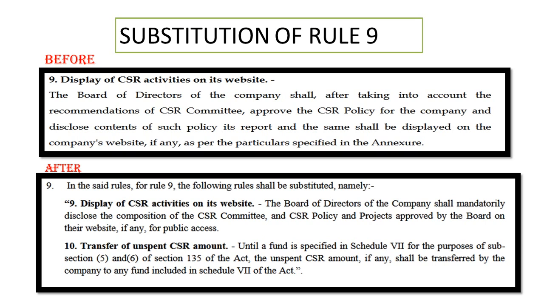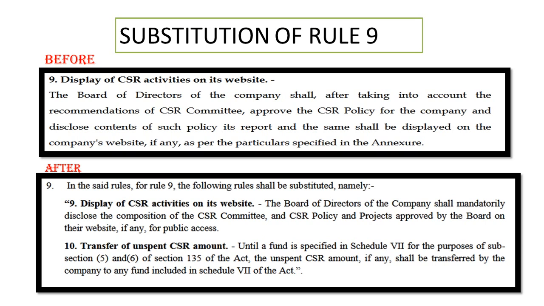Now, if you are carrying it out, the public should also know what CSR activities you are carrying out, and the word mandatorily is written so clearly. So now the company has to disclose who constitutes your CSR committee, what your CSR policies are, and what projects you are carrying out to satisfy the CSR requirements.